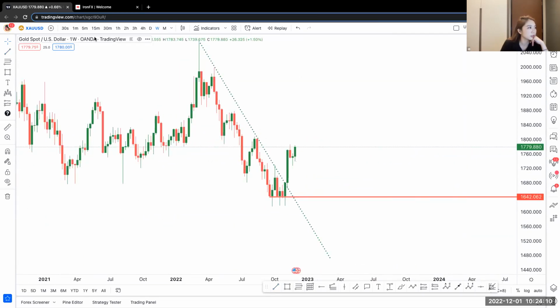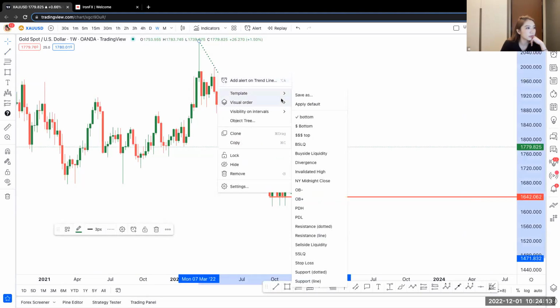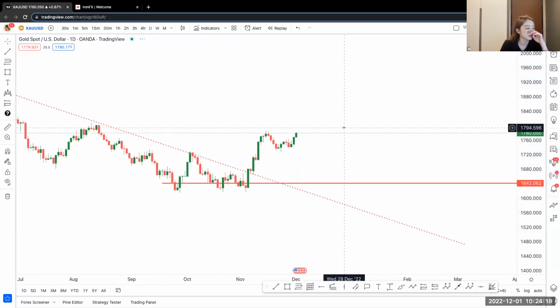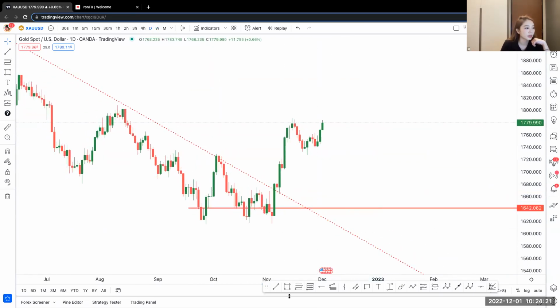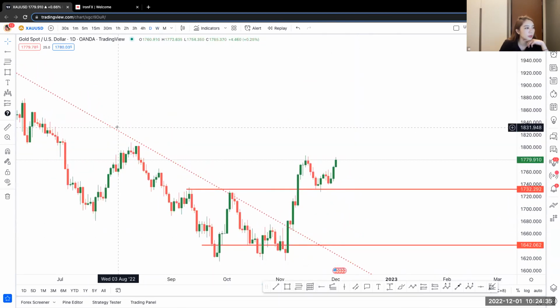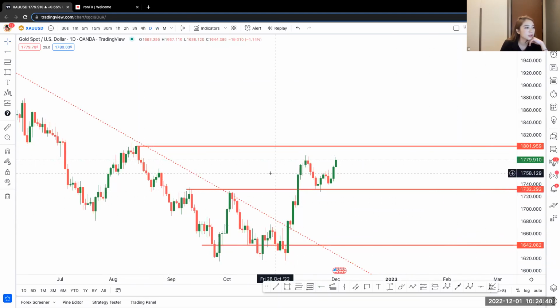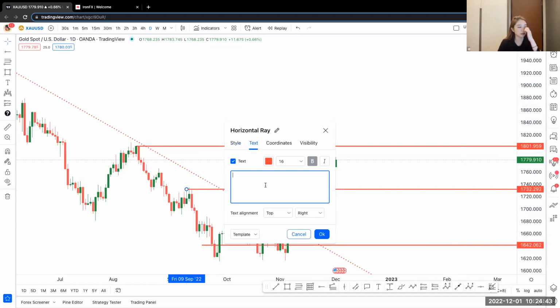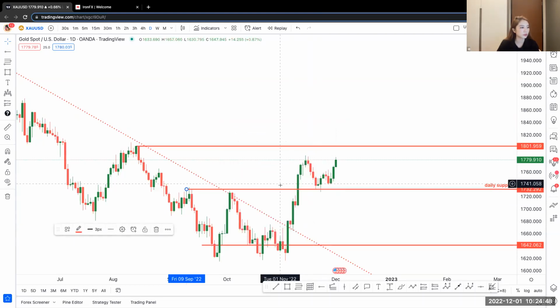Let's look at a daily chart for more info. Looking at current levels, we have a resistance and support. We are looking at upcoming resistance over here, and daily support.